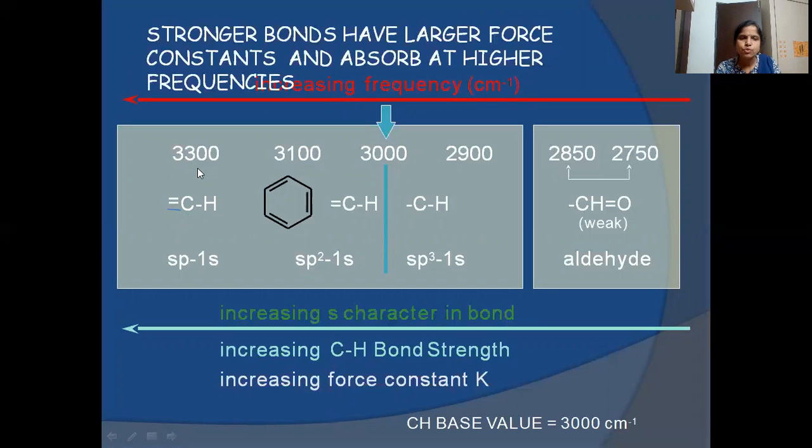So the force constant, the K value, will be more, and the vibrational frequency will also be more. Then comes sp2 CH, which is less, around 3100. Then just below 3000 it is sp3 CH. And as I said, aldehyde at 2850 and 2750, so two peaks for aldehyde.